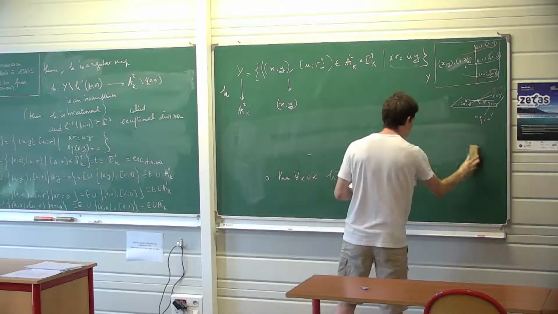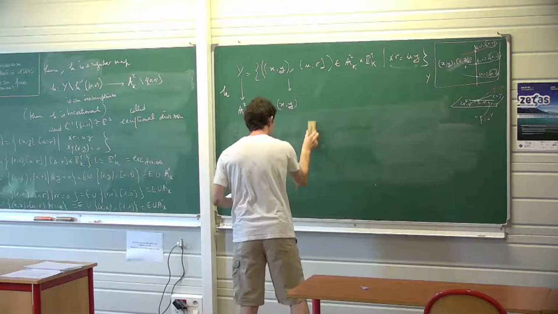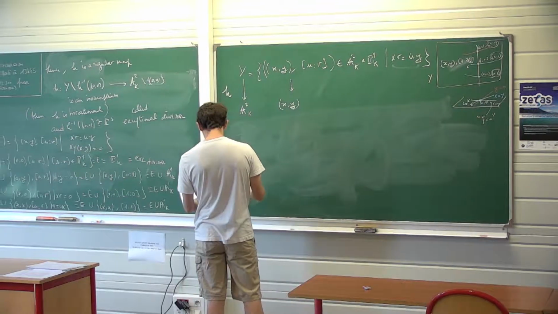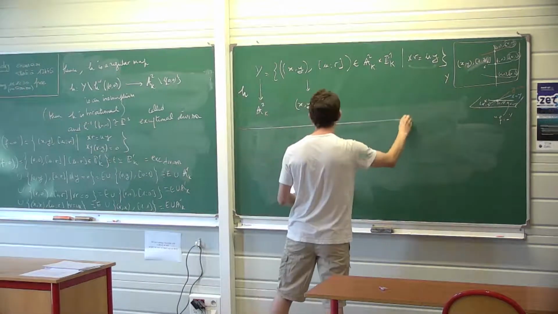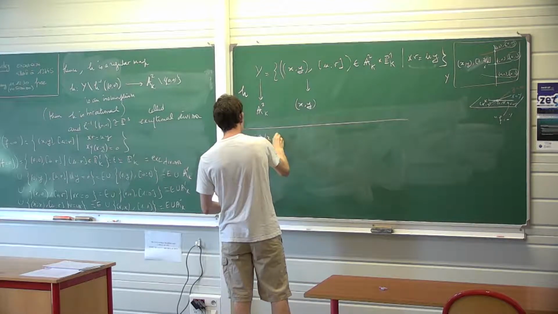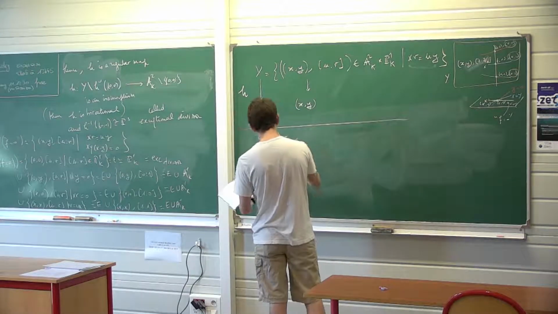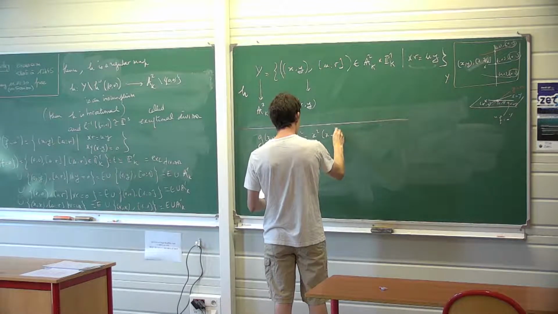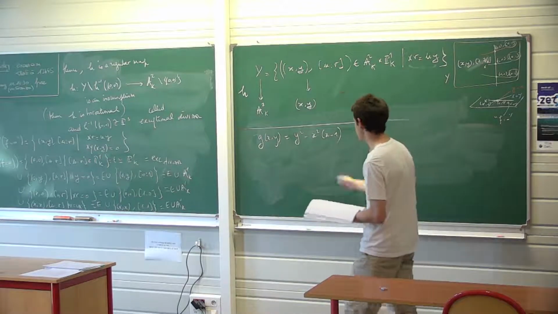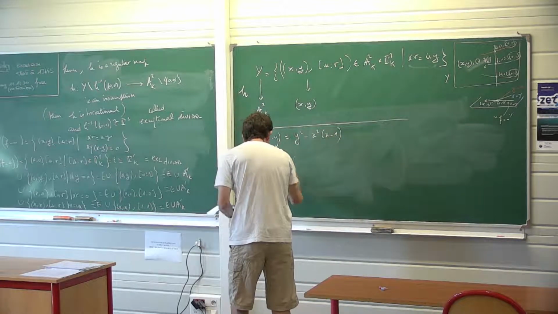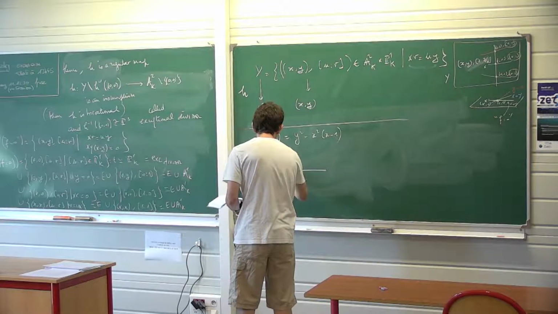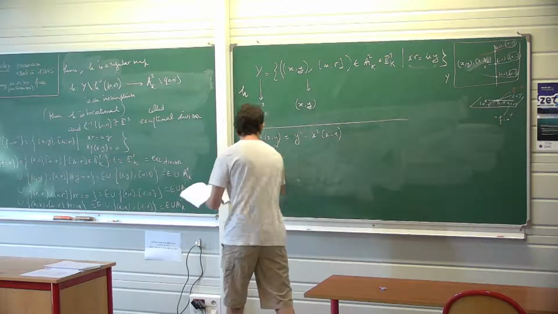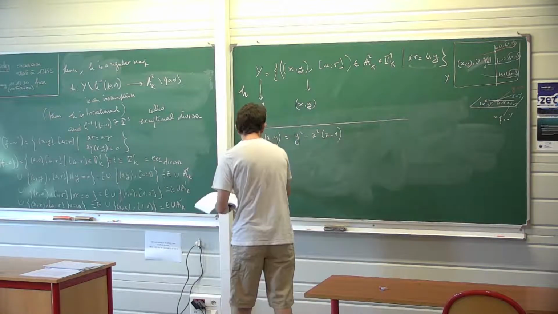So, another example is the following. You take, for instance, g(x,y) equal to y^2 minus x^2(x minus 1). Okay, so if you look at the zero set, so I said x minus 1, so it's in the other sense.